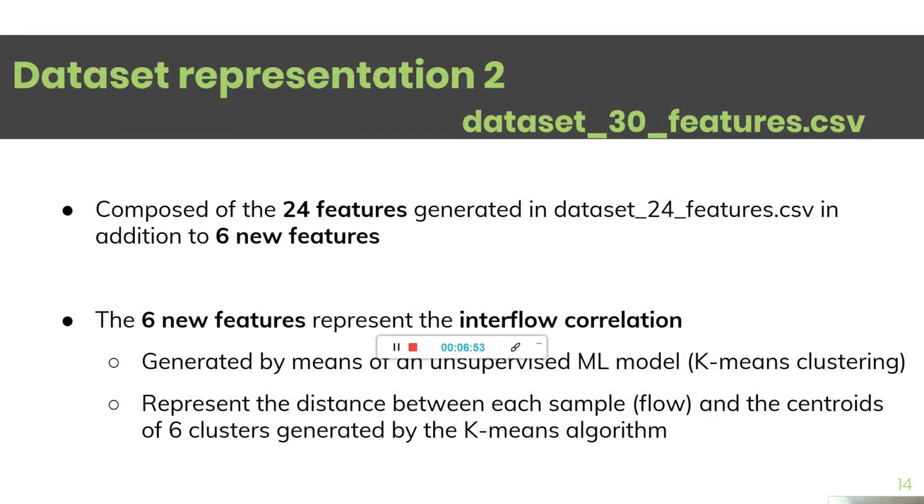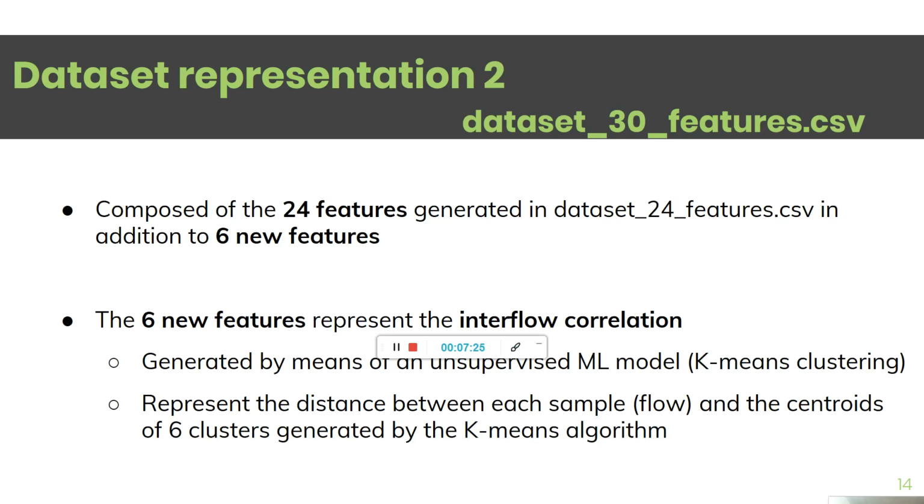The 6 new features were meant to provide information about the interflow correlation, or the relationship or the correlation between the different data samples in our data set. So these features were generated by means of an unsupervised machine learning model that was used to cluster the original data set into 6 different clusters corresponding to our 6 classes.